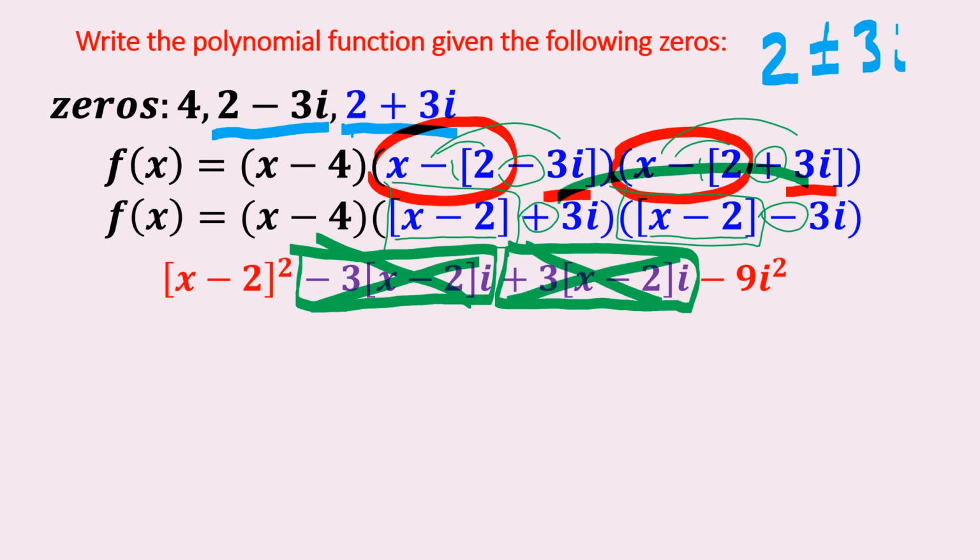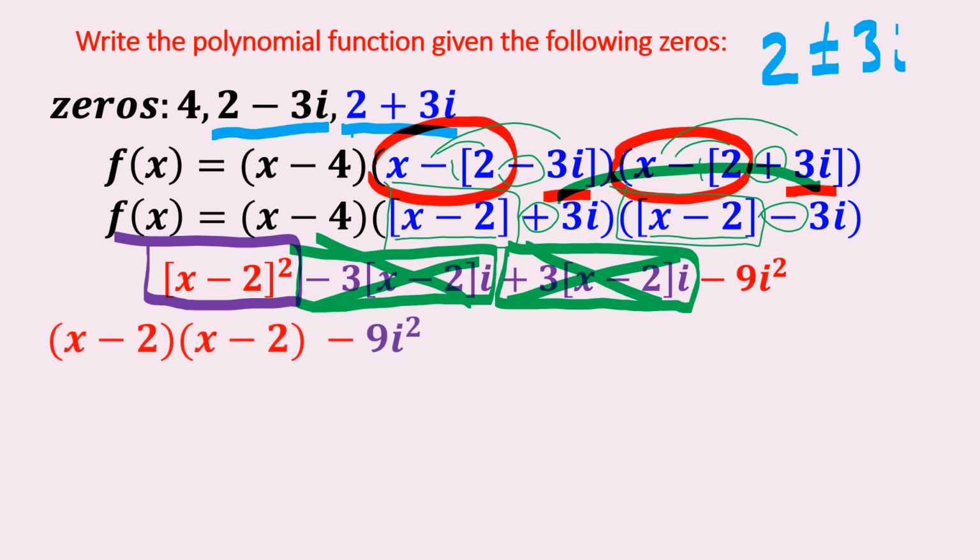At the end, when we multiply those, 3i times 3i is 9i squared. It's a negative because one was a positive, one was a negative. So simplified down at this point, we have this squared, which I can write twice because we're going to have to FOIL it. And then we have the minus 9i squared at the end.